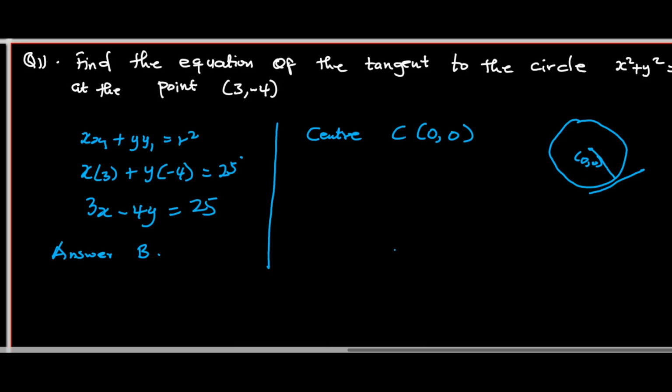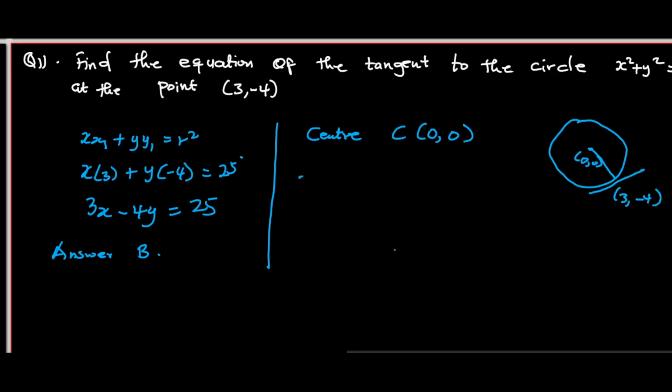So we can find the gradient of the radius, and if you are able to find the gradient of the radius, we use that gradient, and since they are perpendicular, we multiply to give us negative 1, and then we'll get the gradient of the tangent. So we have been given a point that is 3, negative 4.